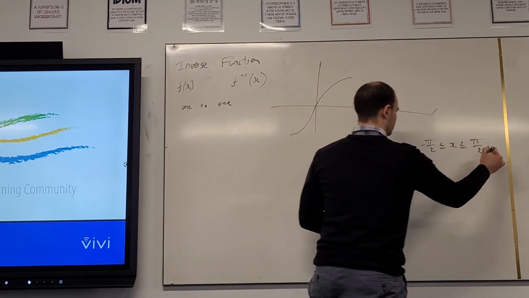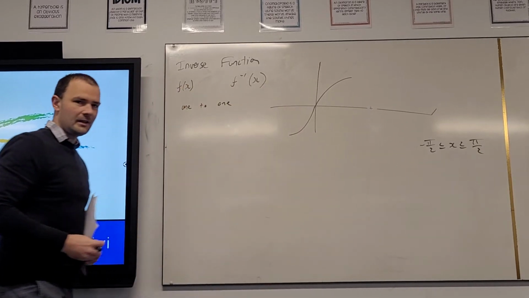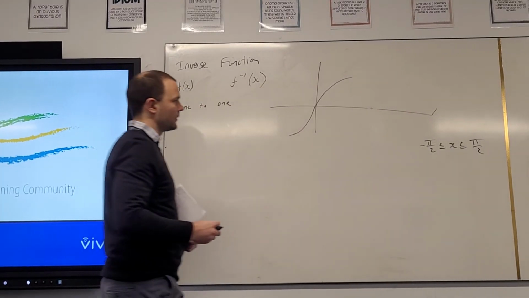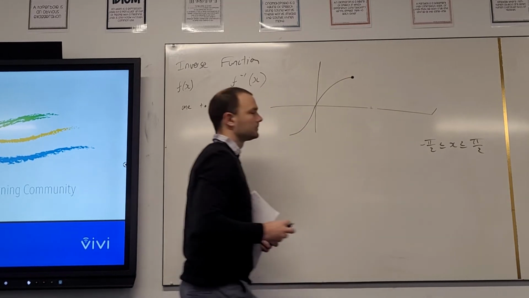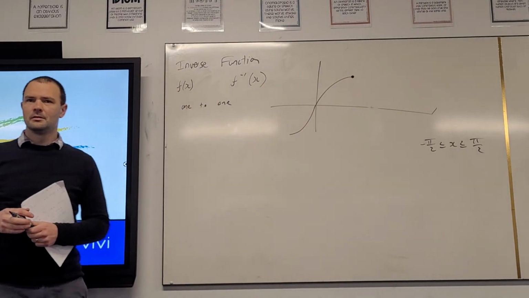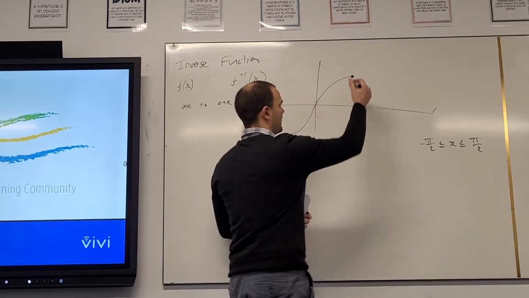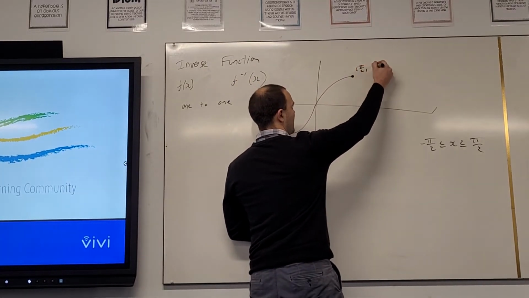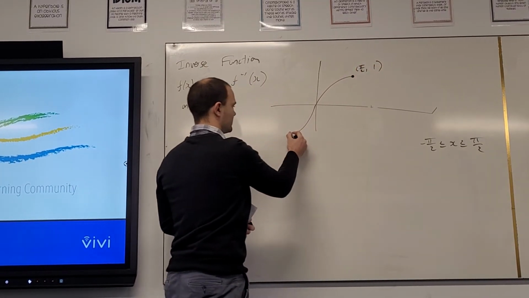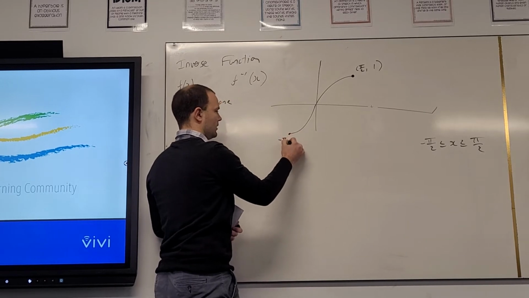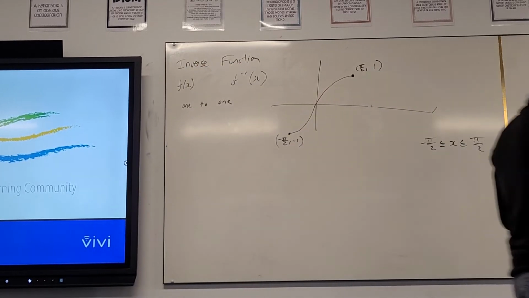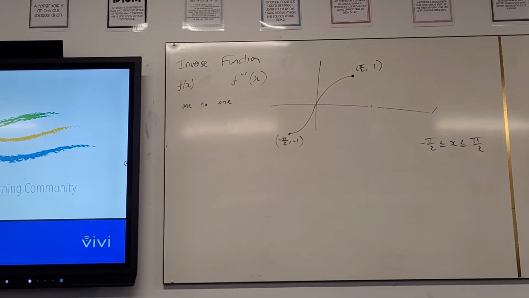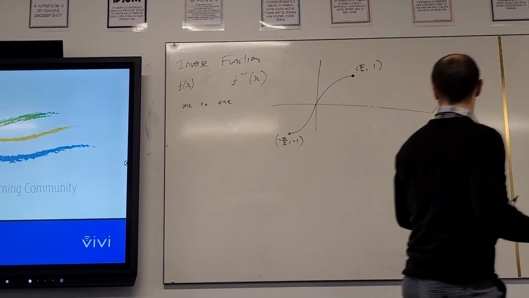Now if we are to draw an inverse, firstly, what are the coordinates of this point here? Pi on 2, 1. X is pi on 2, y is 1, and this point here is going to be x is minus pi on 2 and y is minus 1. There are a couple of ways you can generate the inverse on your calculator, but let's do it manually first.